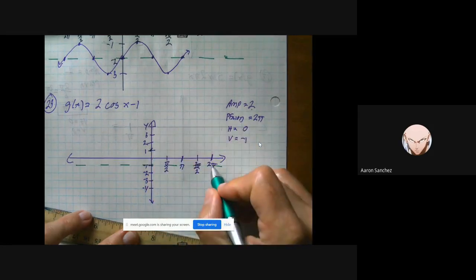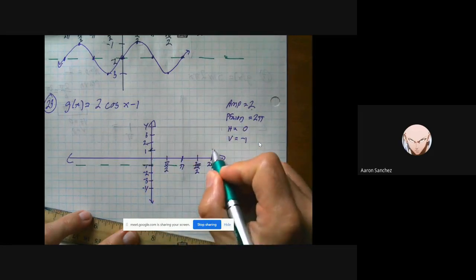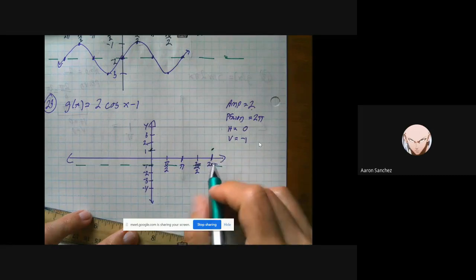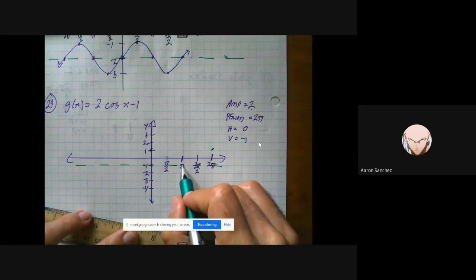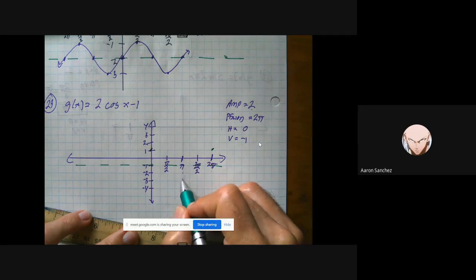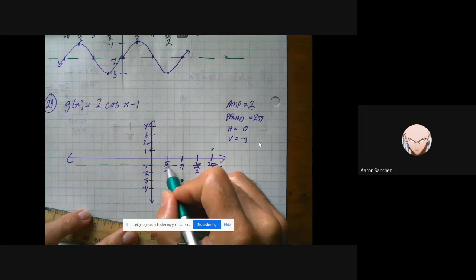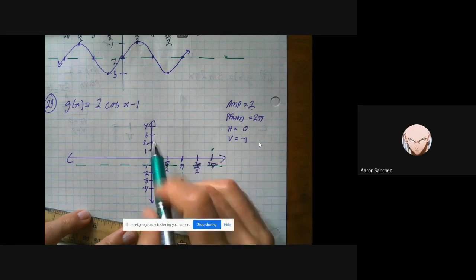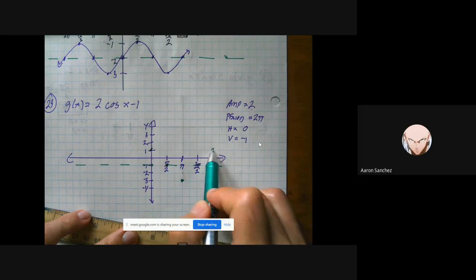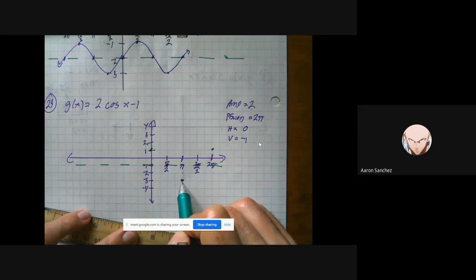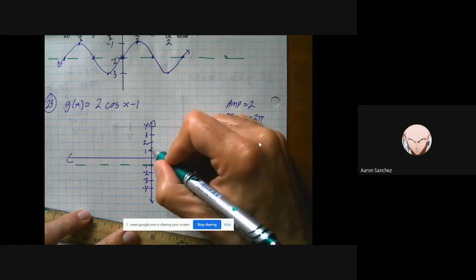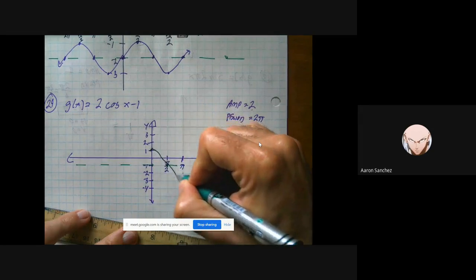My last point, I'm also going to go up 1, 2. My middle point, which is here, I'm going to go down 2 from the midline because my amplitude is 2. And then everything else in between is a 0. 0, 0. So first and last are your top points. The middle point is your bottom point, and everything in between is your zeros. And so there's your cosine.